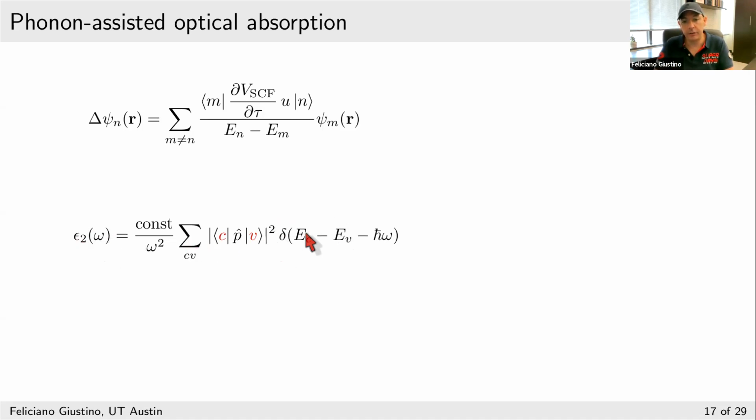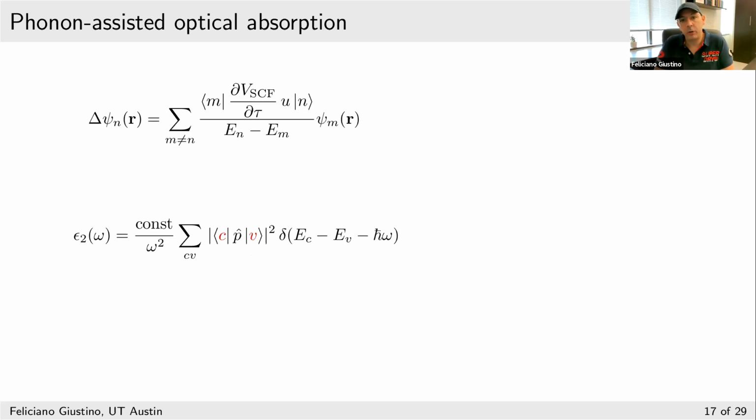So these are conduction band states, valence band states, photon energy, and this joint density of states is weighted by some matrix elements. These are electron-photon matrix elements, written in the electric dipole approximation. Okay, this is the simplest possible thing you can do. Now, in this expression, the conduction and valence band Kohn-Sham states are calculated using the equilibrium atomic positions.